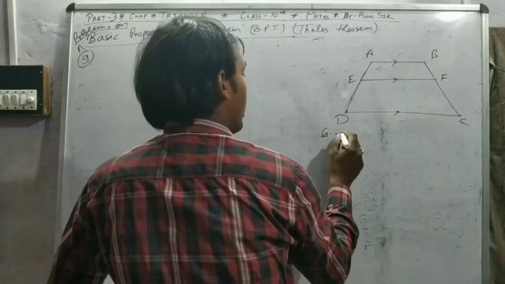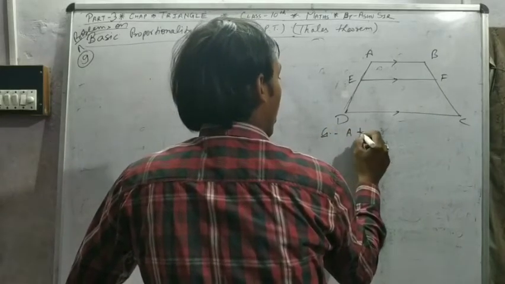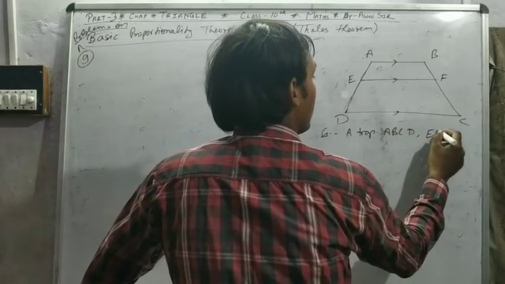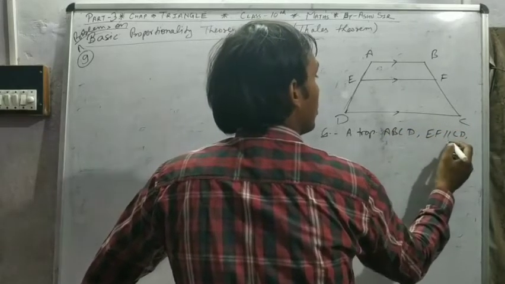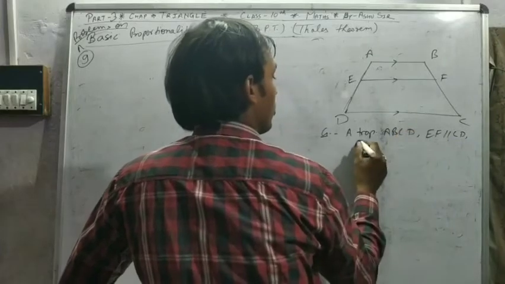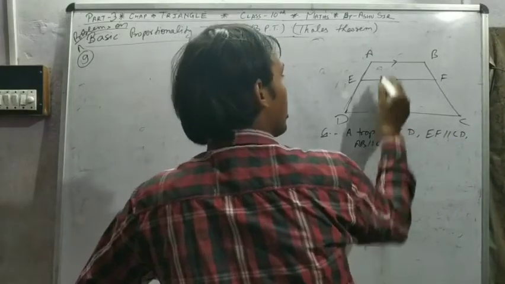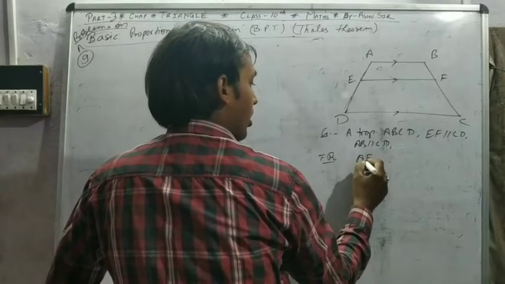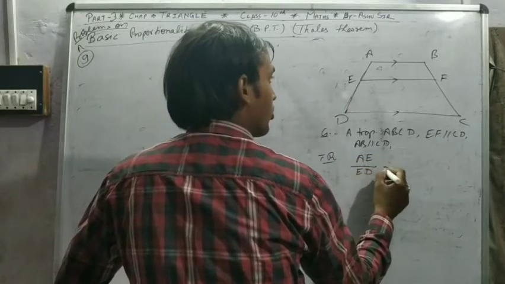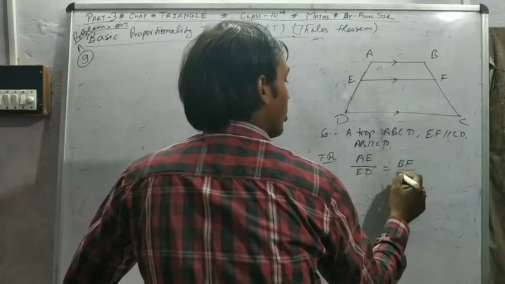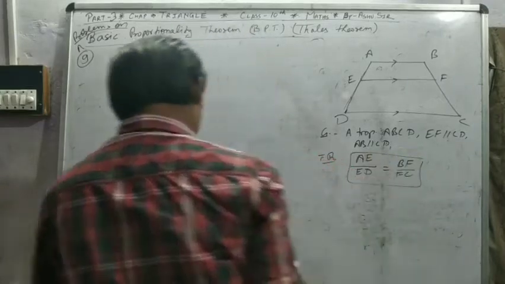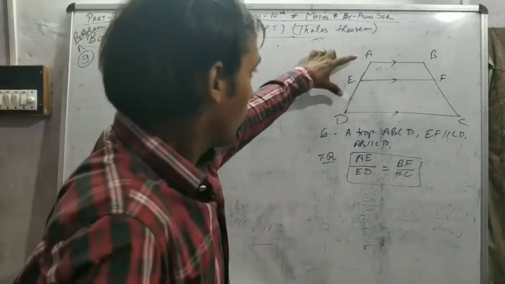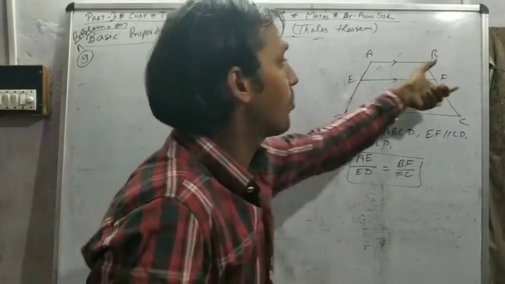The given is a trapezium ABCD, EF parallel to CD, also AB parallel to CD in the trapezium. So to prove that AE upon ED is equal to BF upon FC, or you can say non-parallel sides in the same proportion.